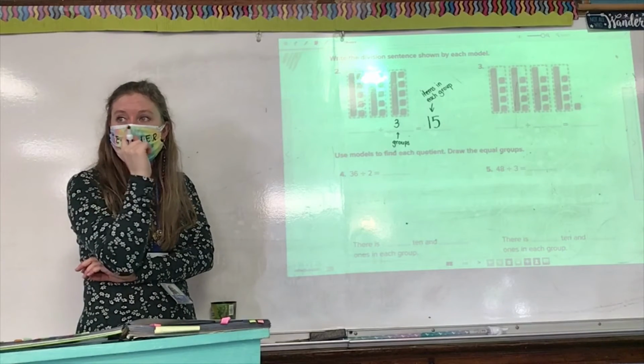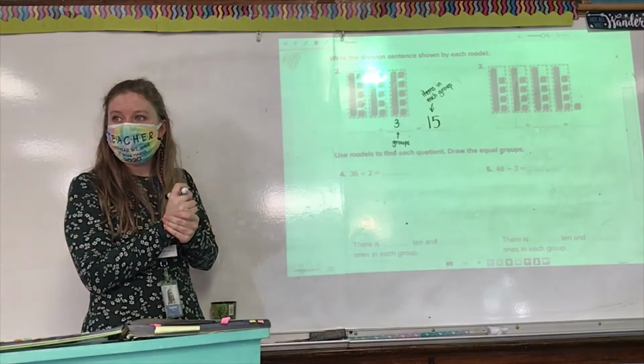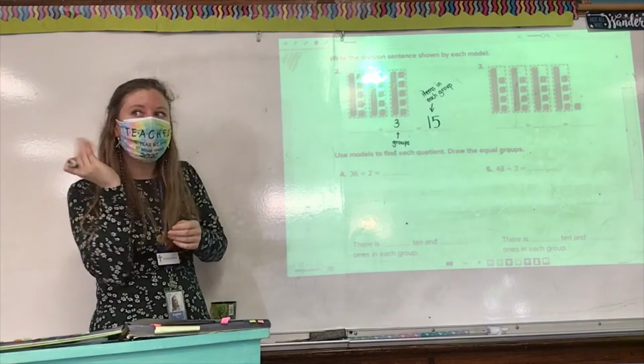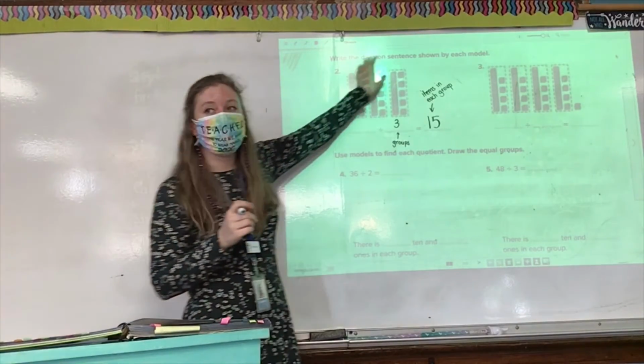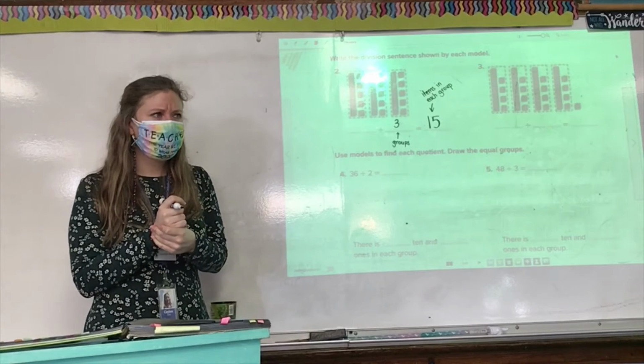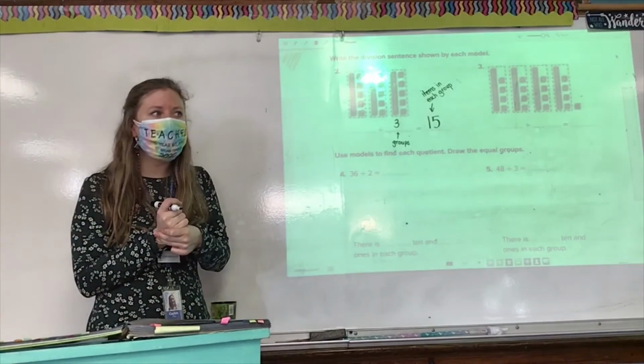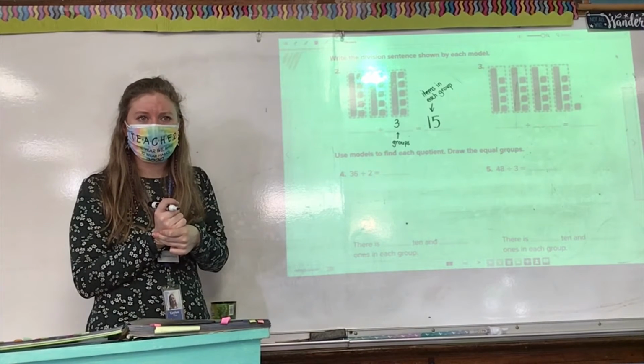Use your book, you can see it. How many ones are there in all? How many ones cubes? I can't hear you. In all, not in one group, but in all. 15. Can we put 15 in the ones place? No.